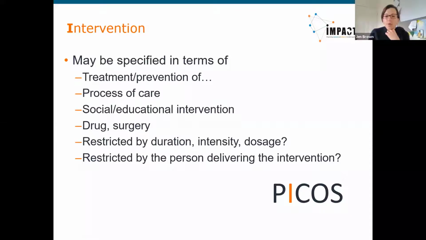And also, does it matter who is delivering the intervention? So sometimes we compare peer counseling compared with counseling delivered by healthcare professionals, teachers, doctors, or nurses. So there's different things that you can consider here, which will be very different depending on the area that you're working in.